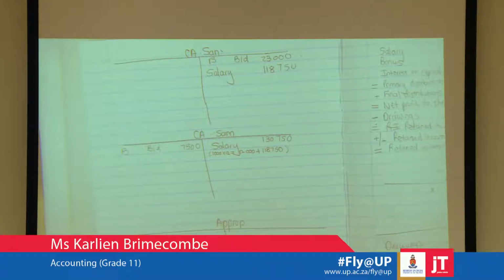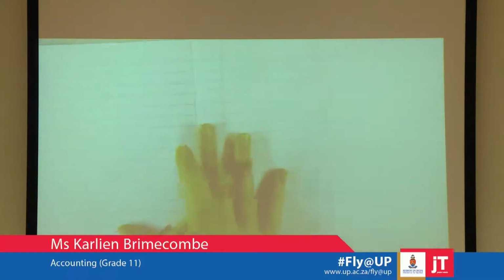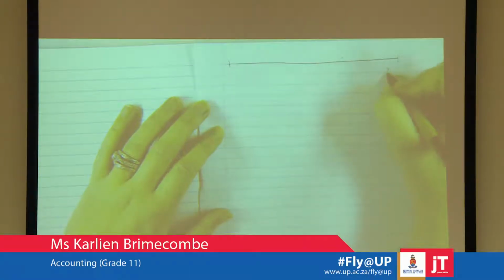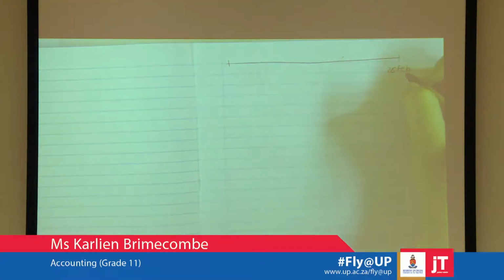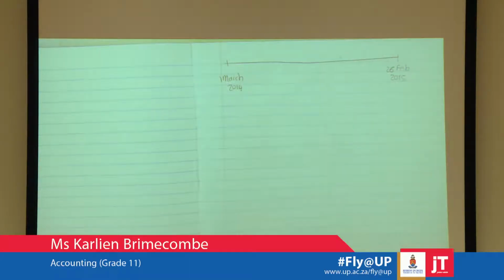Right, next one. Both partners received interest on capital at 12% per annum. Note that Sanjar decreased his capital by 50,000. So you need to be careful. Why? If I look at the balances, my accounting period ends 28 February 2015, which means it starts the 1st of March 2014.